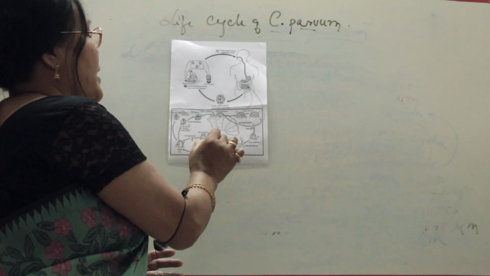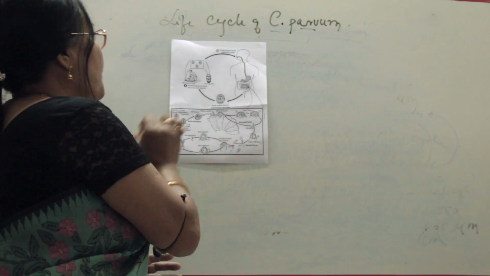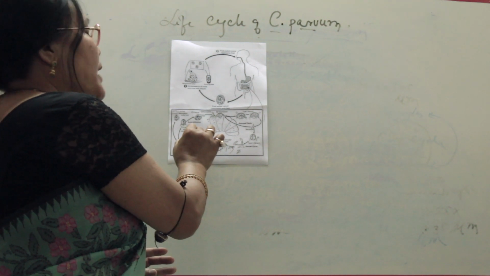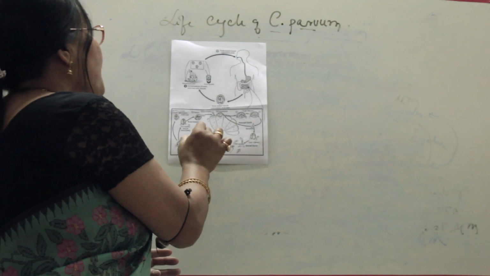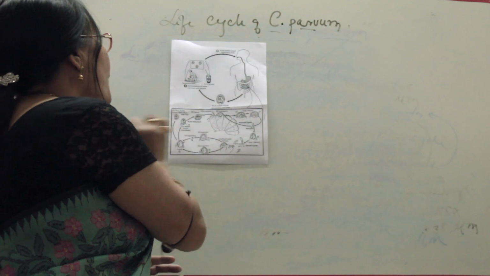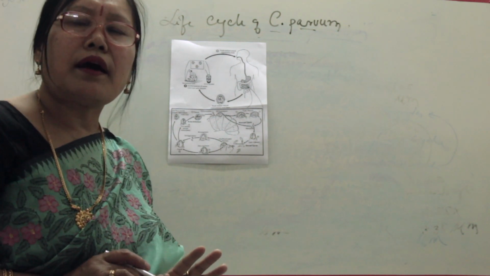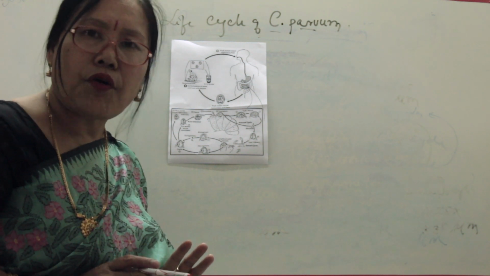In the gamete cycle, it forms microgametes as well as macrogametes; the microgamete is the male side, the macrogamete is the female side. With the help of fertilization, they form the zygote. After formation of the zygote, the thick wall and thin wall infective stage oocysts are formed.